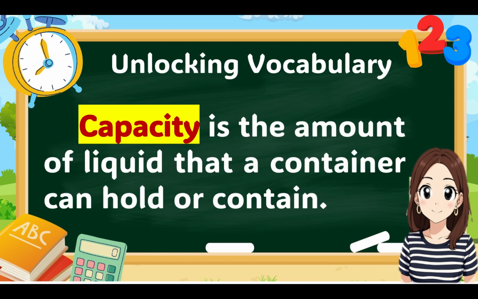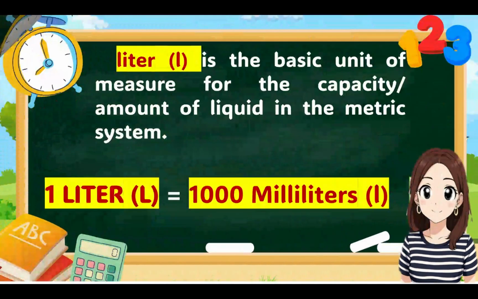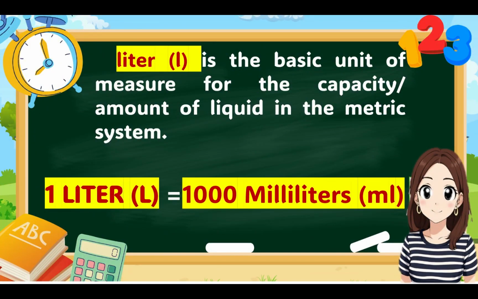Now let's unlock a term. When we say capacity, it is the amount of liquid that a container can hold or contain. Liter is the basic unit of measure for the capacity or amount of liquid in the metric system. 1 liter is equal to 1,000 milliliters.